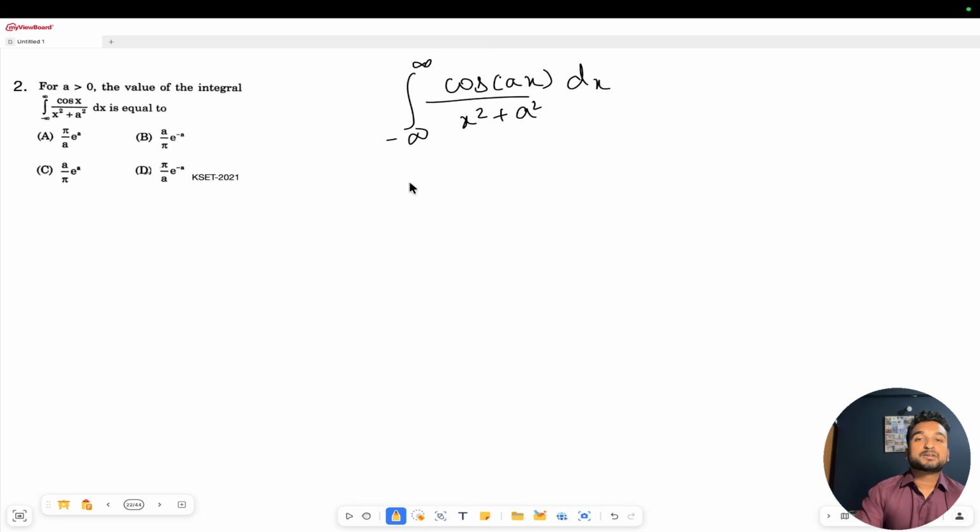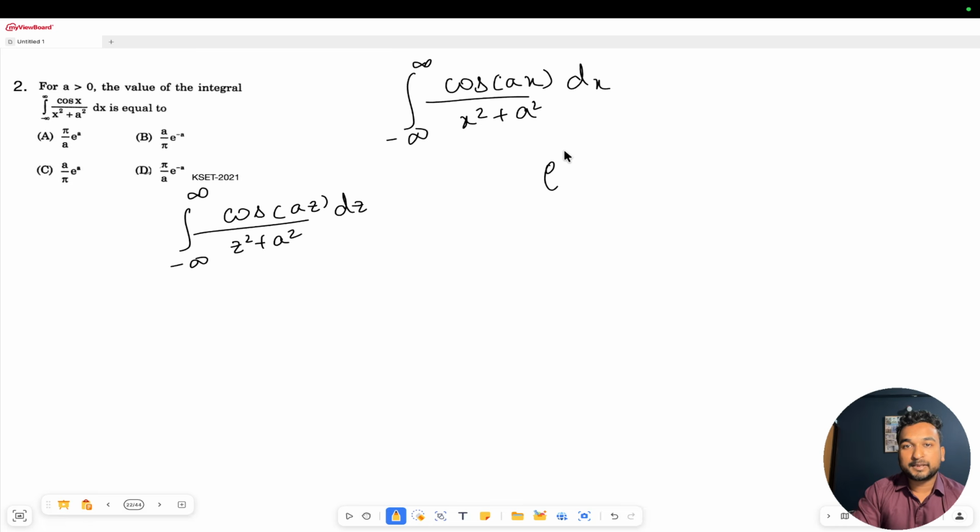What you have to do is, first of all, write this equation in terms of complex values, like cos az upon z square plus a square dz. Now you know what e to the power i m theta is. This is cos m theta plus i sin m theta.